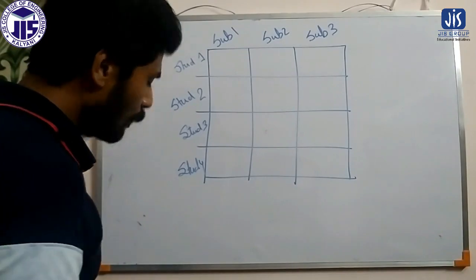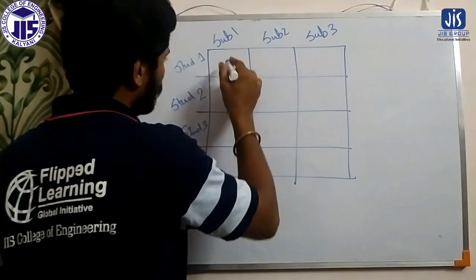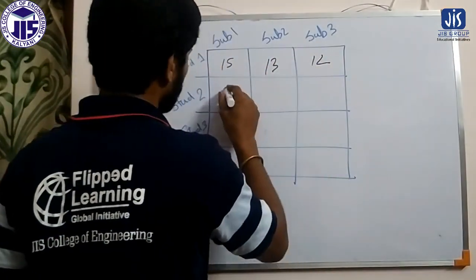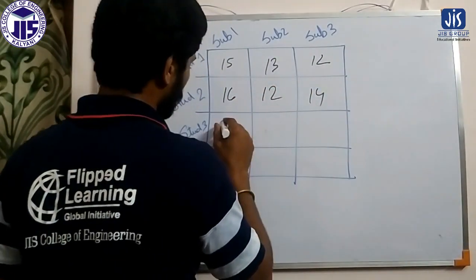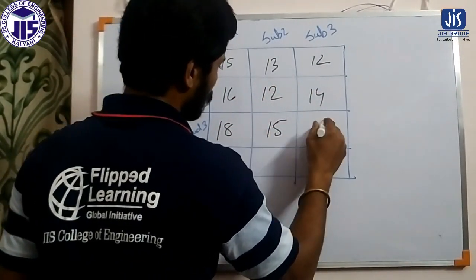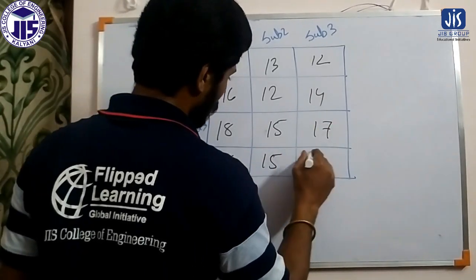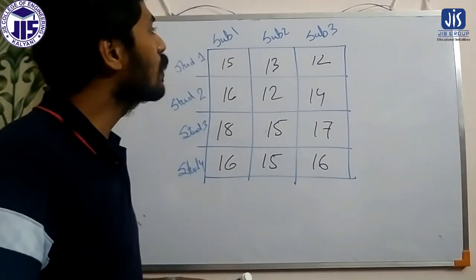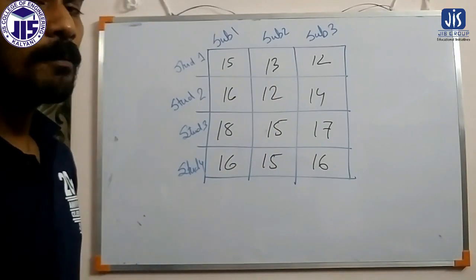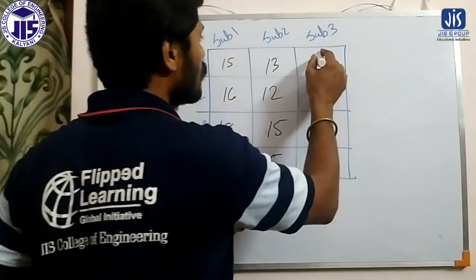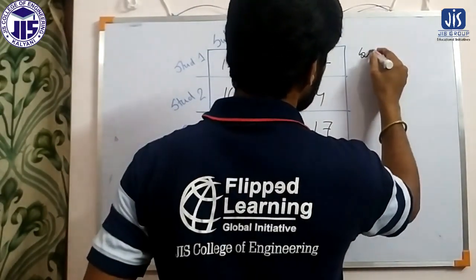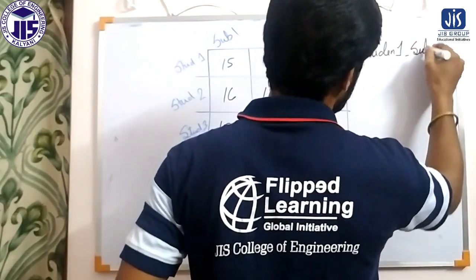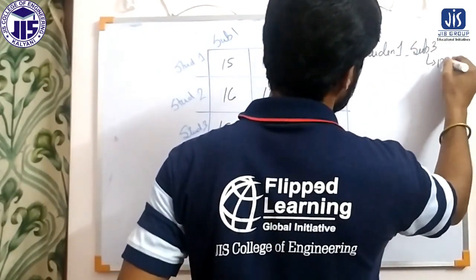Now if I put some marks here, out of 20 I am scoring. If I say what is the marks of student 1 in subject 3, easily we can say 12. So marks of student 1 in subject 3 is 12.